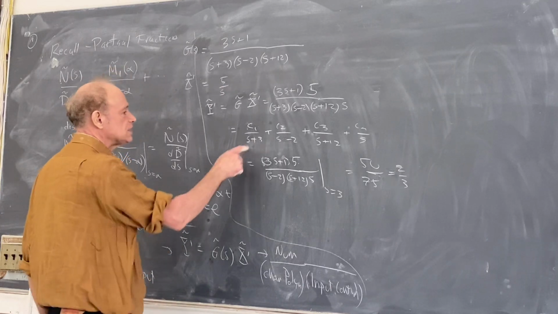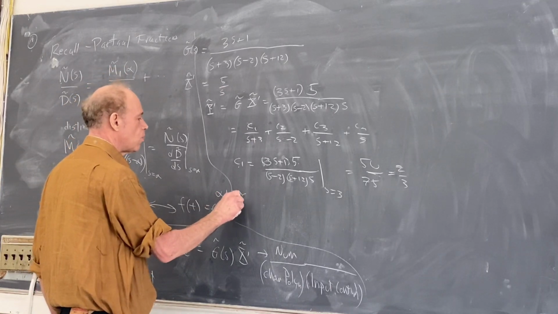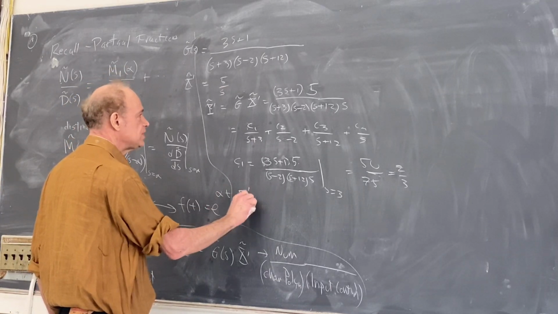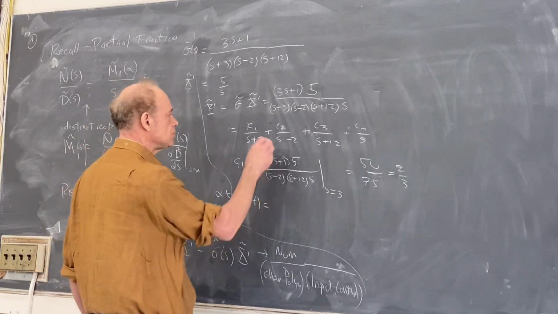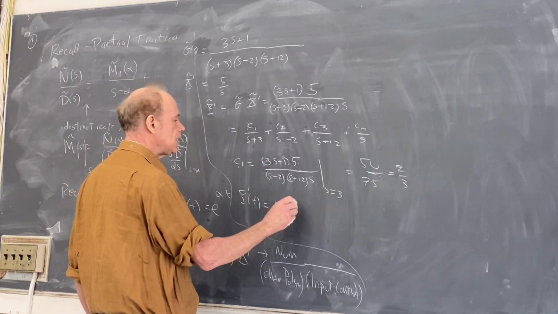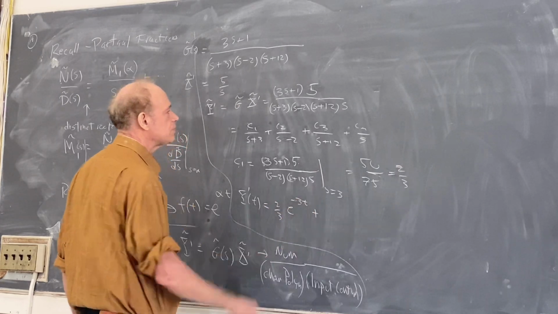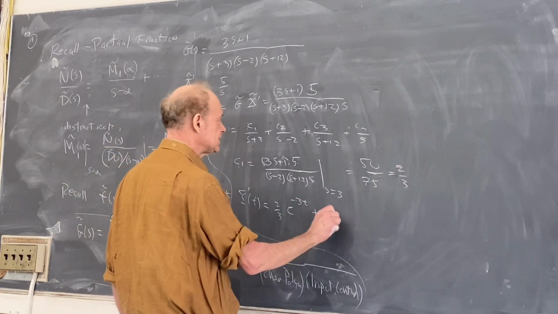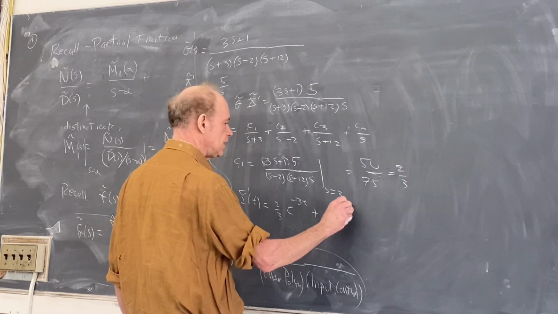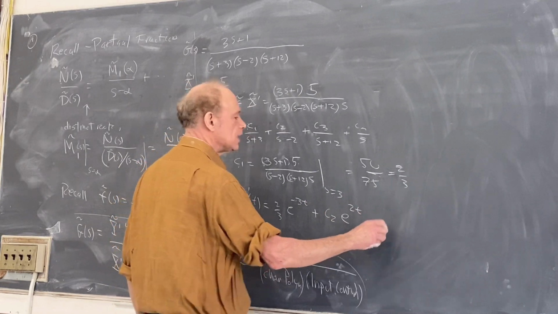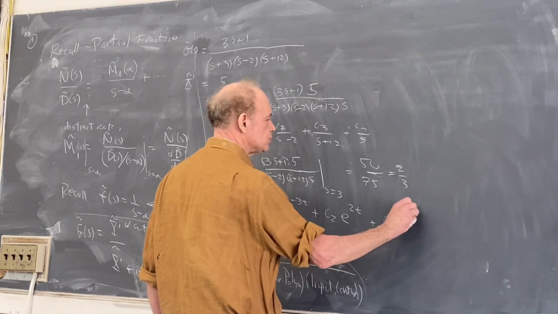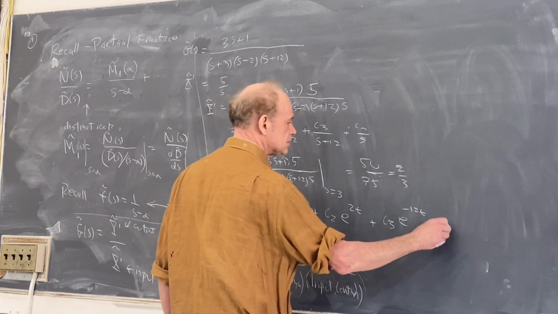And notice that this is going to say that y prime of t is going to be equal to 2/3 e to the minus 3t plus constant c2 times e to the 2t plus c3 times e to the minus 12t plus c4.